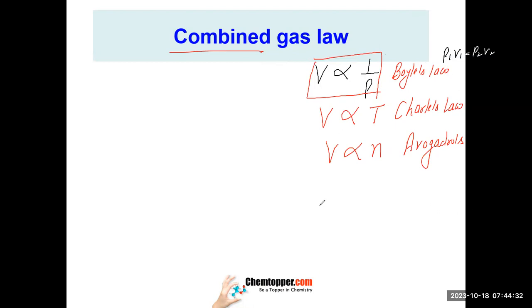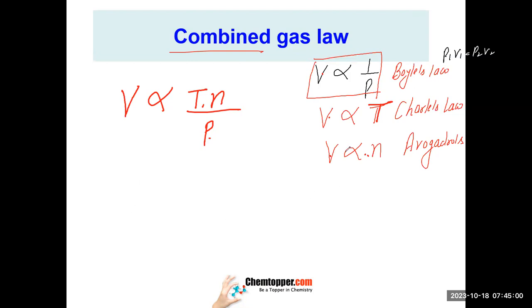Combine them. So if I combine them, I'm getting volume V proportional to temperature directly, amount N over P. Remove this proportional.